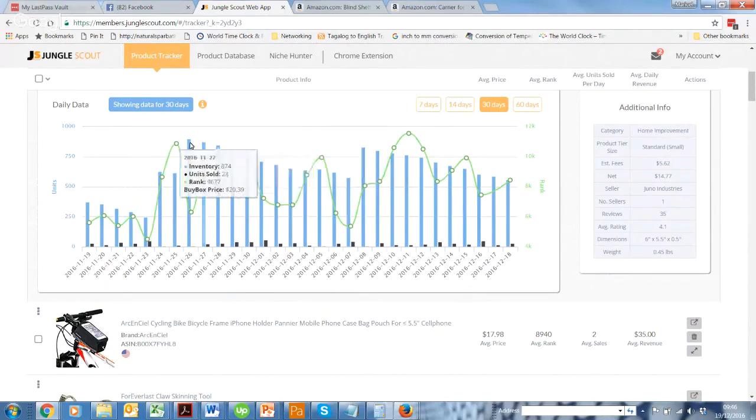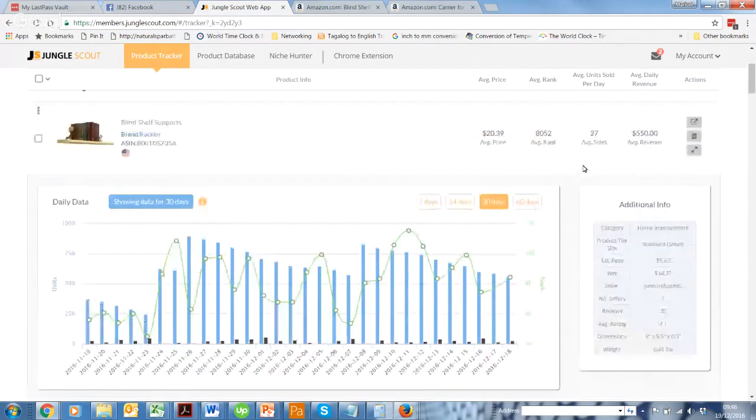Units sold 44. That's pretty good. But you can see the history of that product there as we're looking down. So this gives you a pretty good idea. That's doing 500 a month.